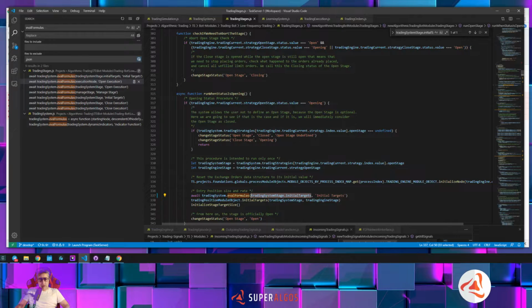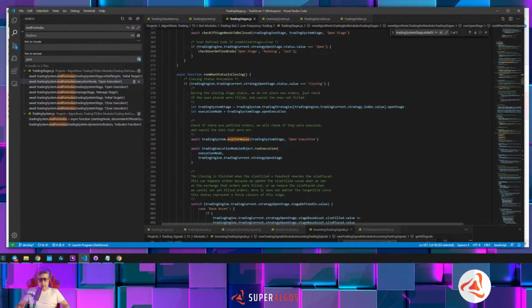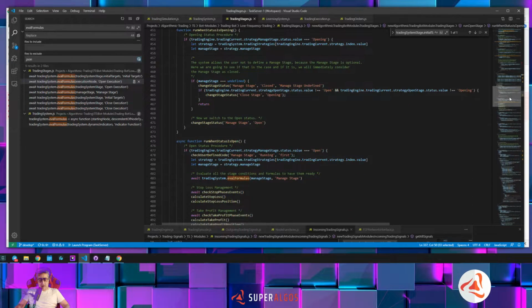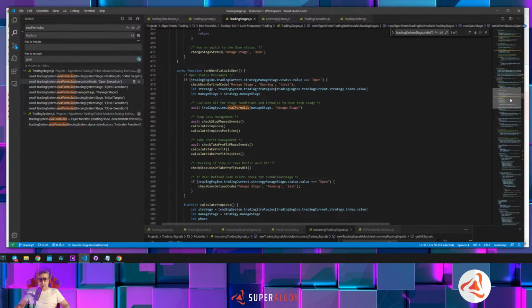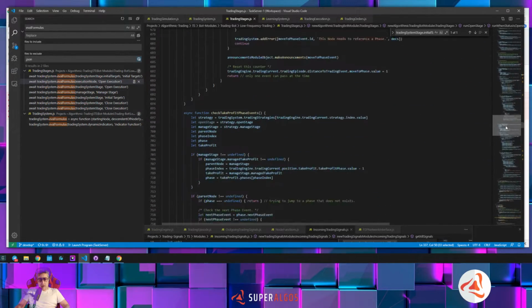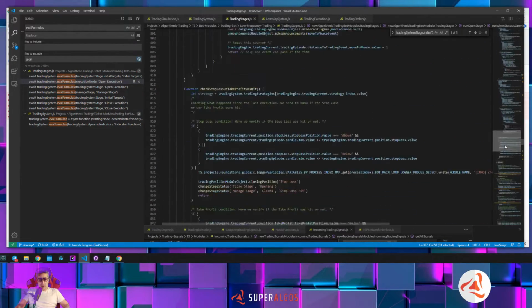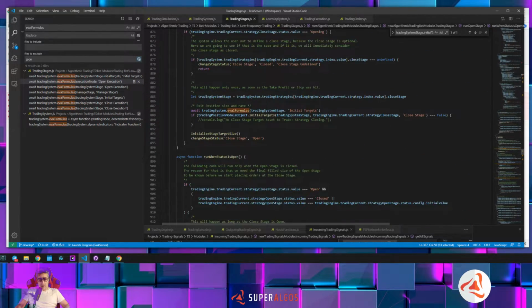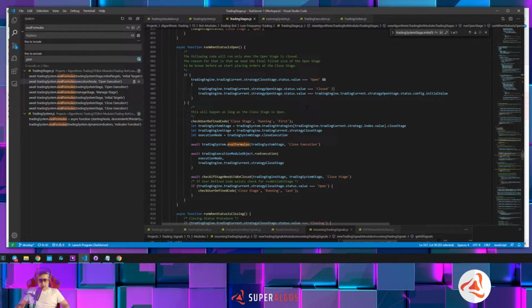Run open stage, run status is opening. So before I forget, I will go to the close stage. And yes, there is another eval formula, and we are going to update it there.